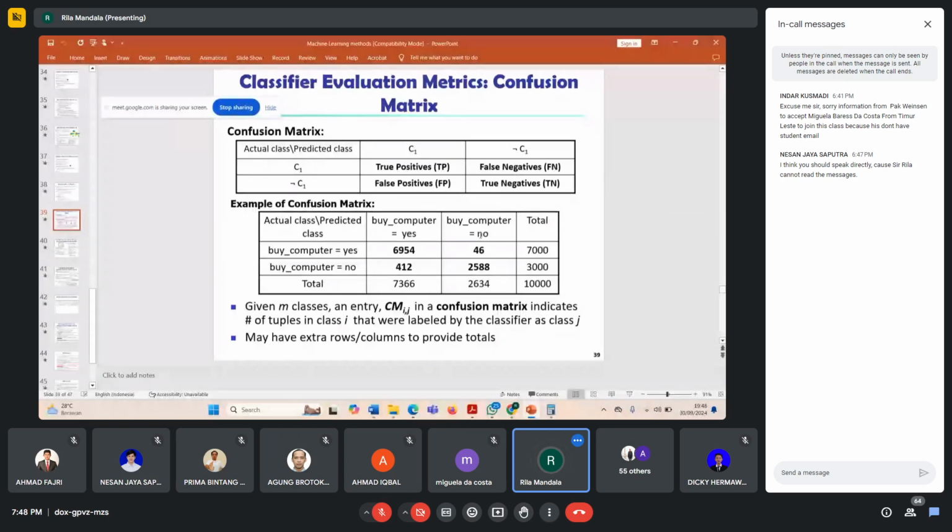Although, sir, I already used deep learning. Deep learning said he will buy a computer. Using other methods, using the LSTM, the man will buy a computer. Using all the machine learning methods say that human will buy a computer. But in reality, that human did not buy a computer. Which one is correct?